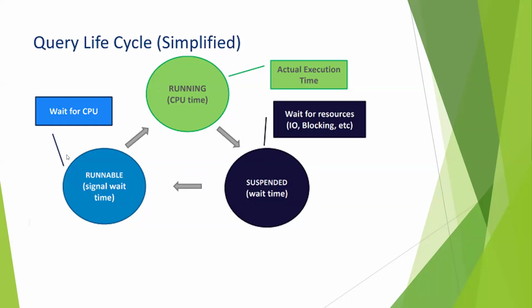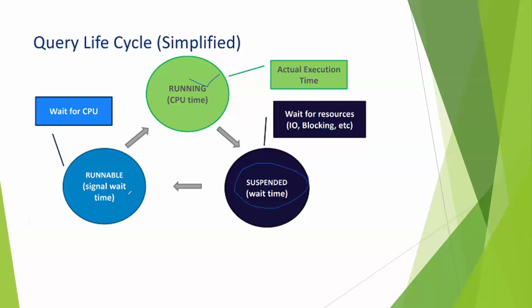So we already discussed the simplified query life cycle. If the query is running on the CPU, it will be in the running state. If the query is waiting for resources, it will be in a suspended state.